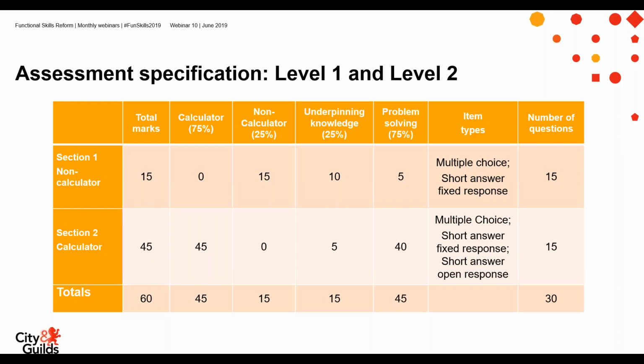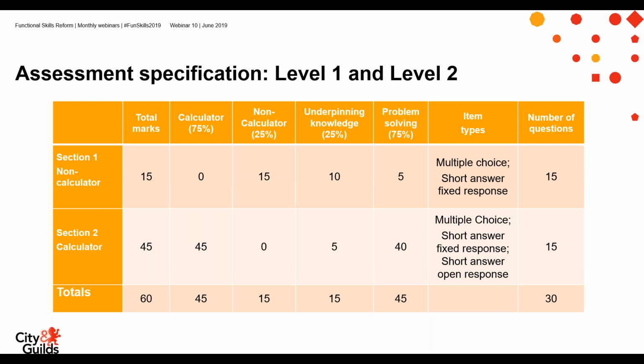It is perhaps important to think of it as a calculator permitted section, because there will be a number of questions within even that section that don't necessarily need a calculator. We have within the regulations for the new functional skills a requirement to assess at least 75% of the content based on problem solving, and roughly a quarter based on underpinning knowledge for underpinning skills.